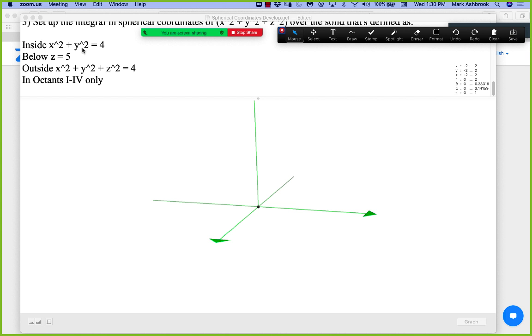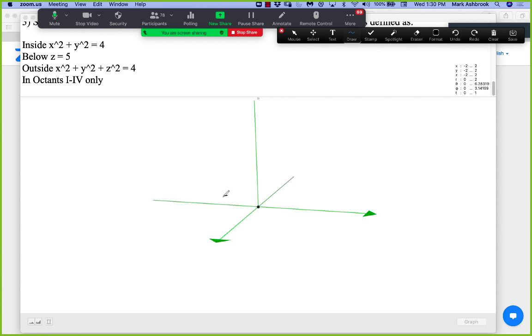So let's go through each one of these and sketch them. What's x squared plus y squared equals 4? That's a cylinder in the z direction. It's the cylinder based on the circle x squared plus y squared equals 4, that's the circle of radius 2. But then it extends in the z direction, the missing variable.